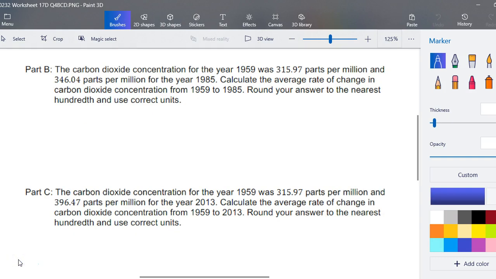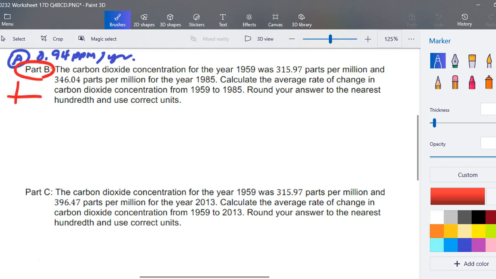Remember, if you haven't already, hit pause and work on B and C by yourself, and then come back and we'll work on B and C together. I'm going to go ahead and write in the corner that we ended up with 0.94, 94 hundredths parts per million per year. And then we're going to go ahead and calculate part B.